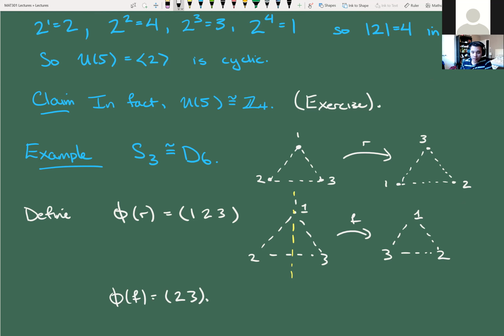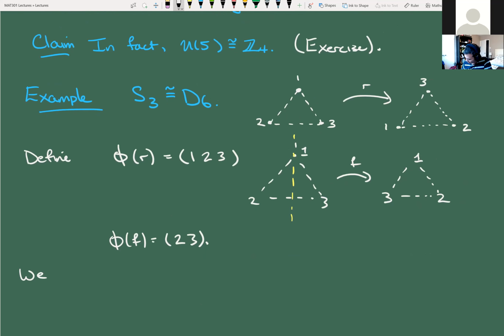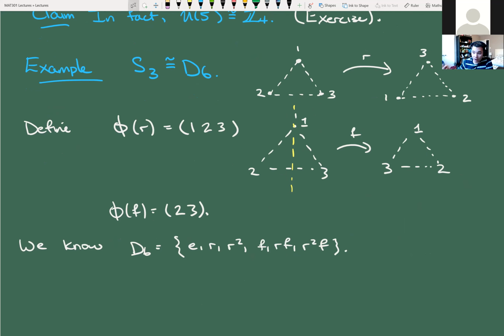Right? And you can check now that you know that the dihedral group, so this is the identity, R squared, F, R F, R squared F. What we're going to do is just define phi to map these things to what you think they should map to and check that this does in fact give you an isomorphism.